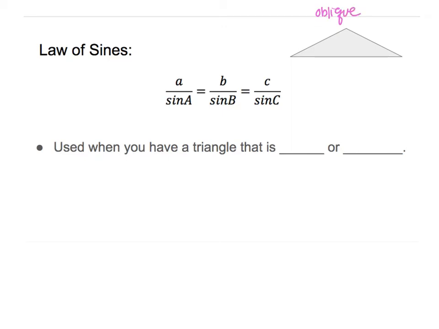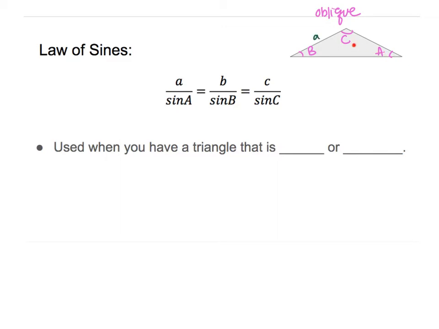And the thing about oblique triangles is we're still going to refer to them as some angles and then the sides. So I always refer to angles as being big letters. So I'm going to call this big A. I'll call this big C, and then big B. And so diagonal from them are the lowercase letters, which represent the side lengths.